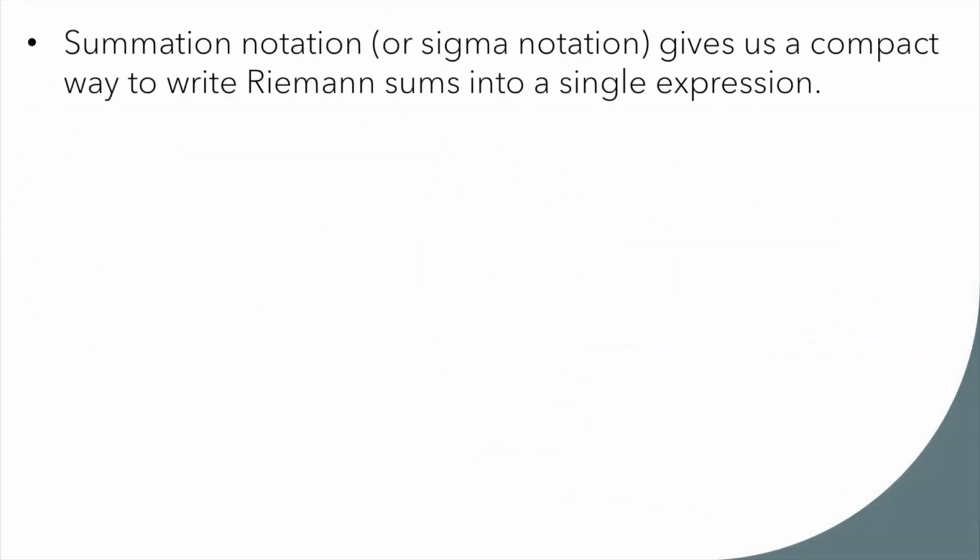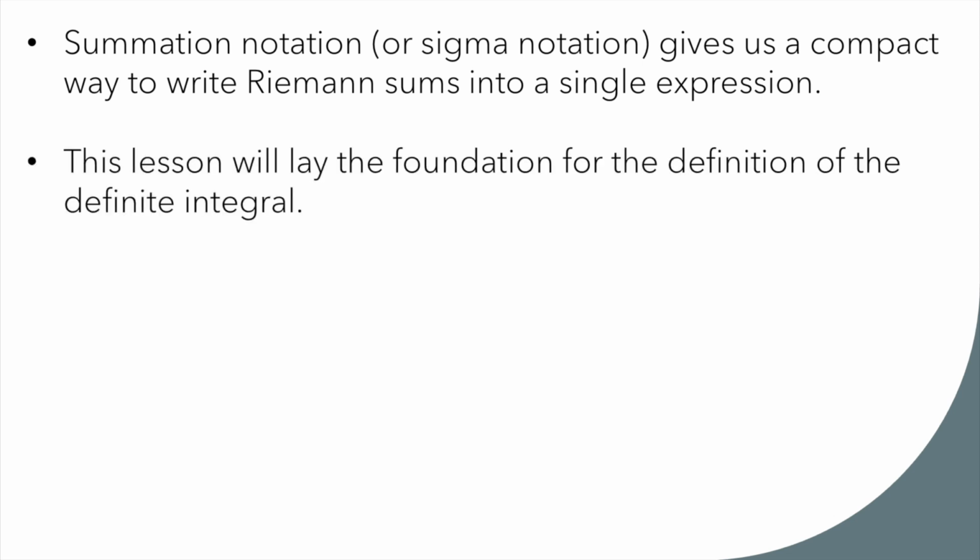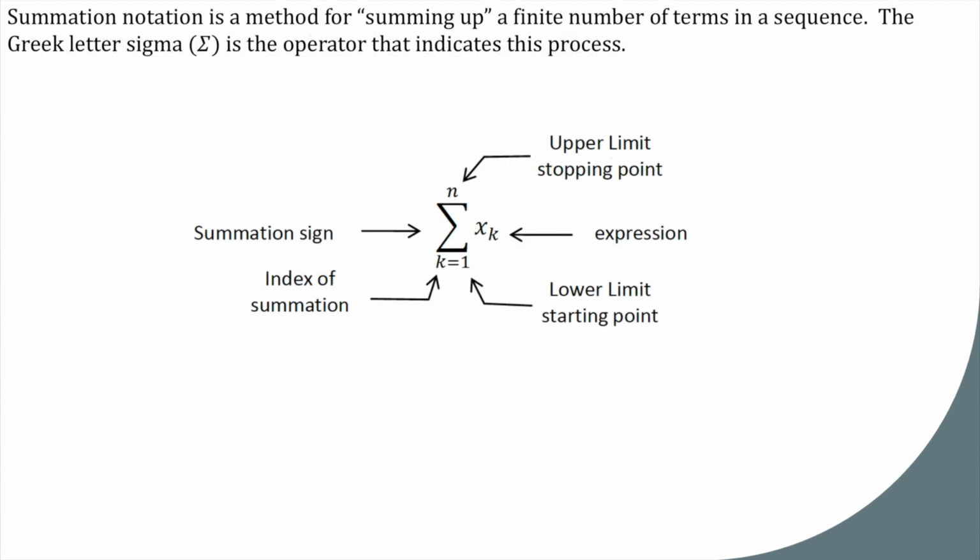We're going to be talking about summation notation, and that gives us a compact way to write Riemann sums into a single expression. This lesson will lay the foundation for the definition of the definite integral. This is summation notation. It's a method for summing up a finite number of terms in a sequence. So let's break this down a little bit.